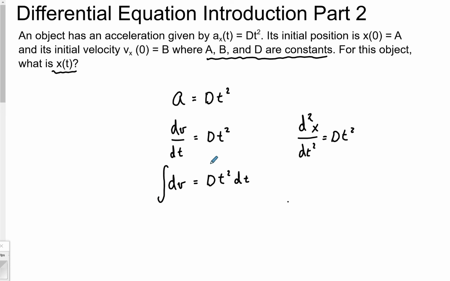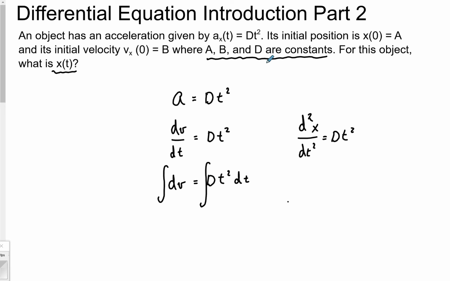We can integrate both sides because, unlike the other video, this time we've got t squared dt, so we're ready to go. And remember, D is a constant, so it would technically be pulled out in front anyway. Let's write down what we're integrating from.